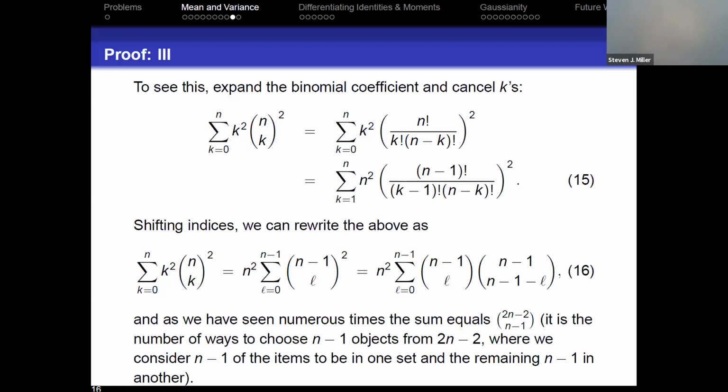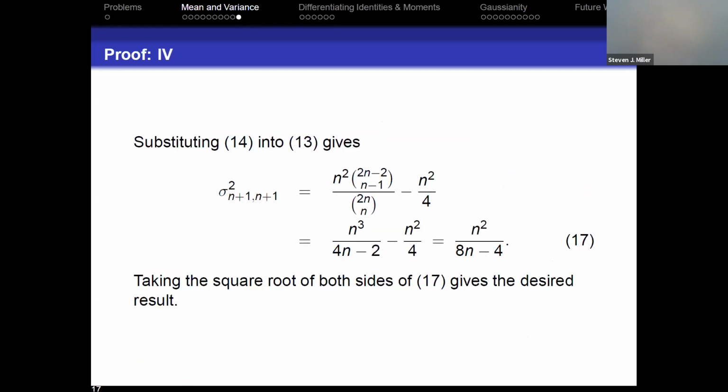And so it's just 2n minus 2 choose n minus 1. You always want to have a sense of where the formulas are coming from. Where is the miracle coming from? And so now when we substitute this in, when the dust settles and we just do some algebra, we'll get n squared over 8n minus 4.